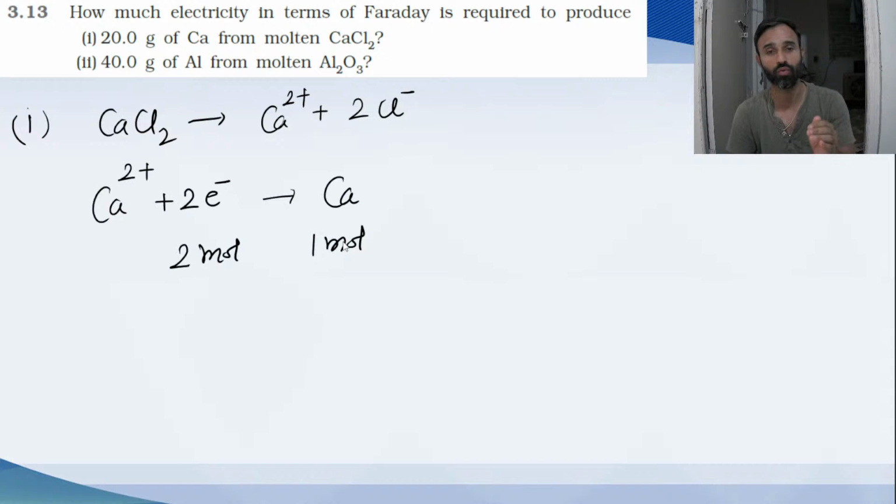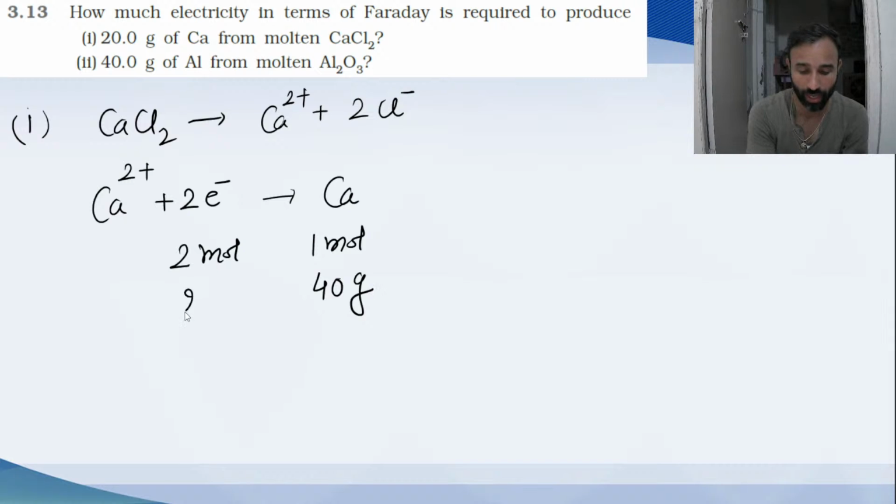Now convert 1 mole into grams, because we have to produce 20 gram of calcium. 1 mole of calcium is equivalent to 40 gram. So 40 gram requires 2 Faraday. So to produce 20 gram of calcium, we need 1 Faraday.